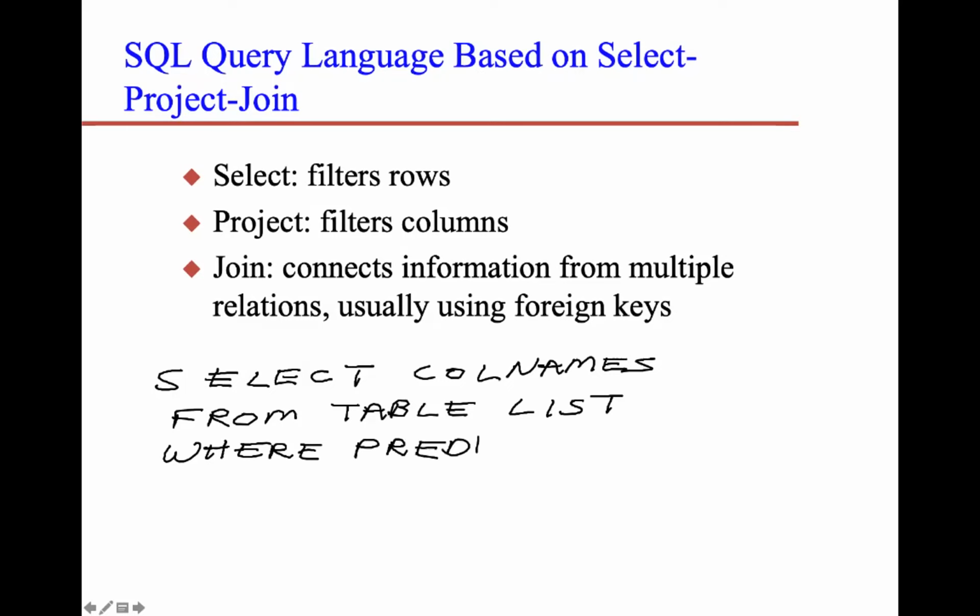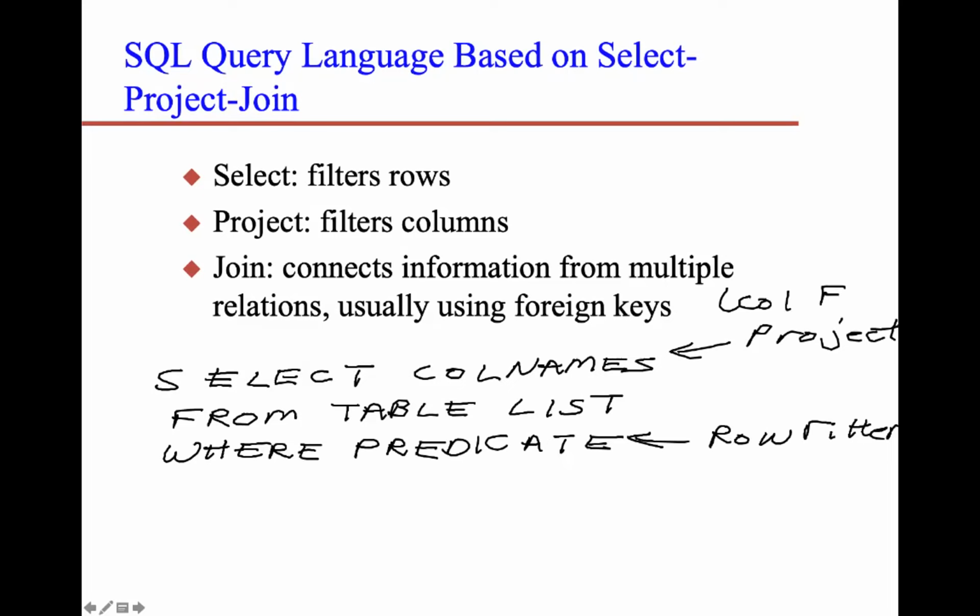So all tuples that match the predicate will be returned. So this right here is the project. And in some sense, this is the row filter. And this is the column filter. So that is the basic thing that you'll be using all semester long in order to retrieve stuff from a database.